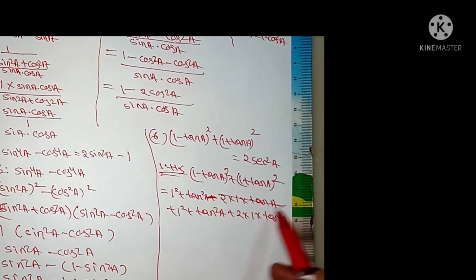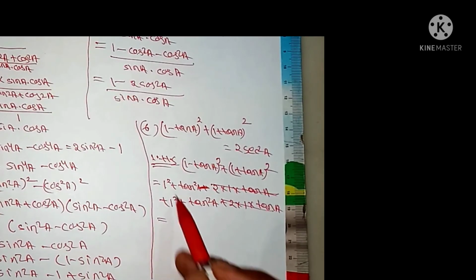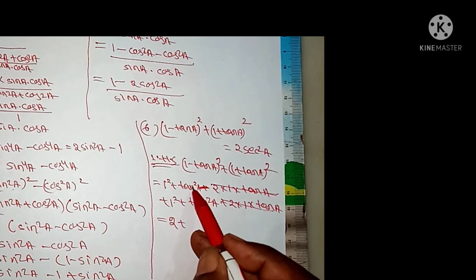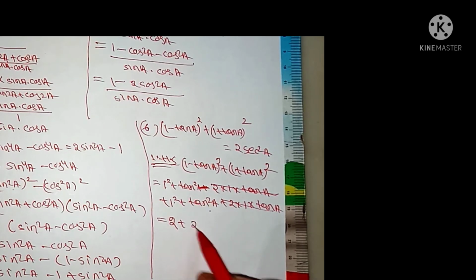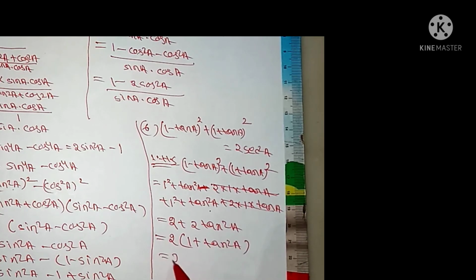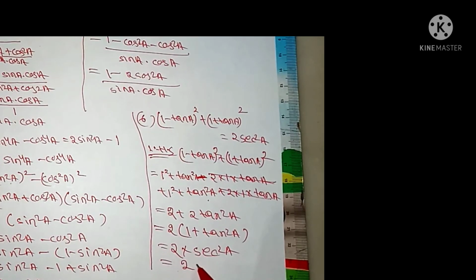Then the minus and plus cancel, the rest is 2 times 1 square plus 2 tan square a. Take 2 common from both terms, then 1 plus tan square a, according to the identity, is sec square a, which is equal to 2 sec square a.